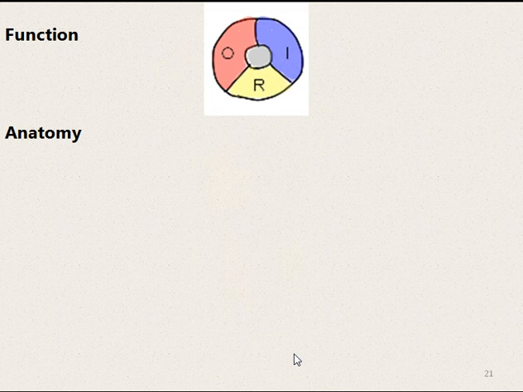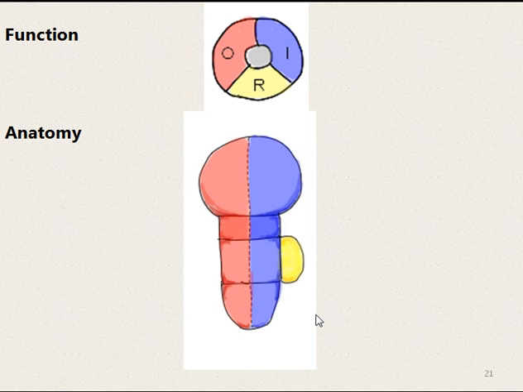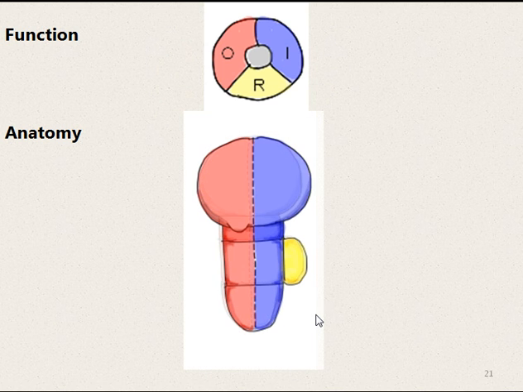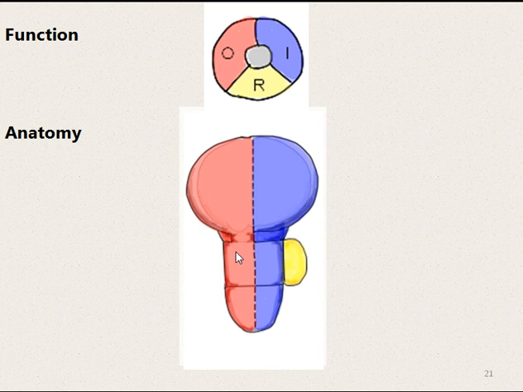Next, telencephalon grew up largely, especially the red part of telencephalon grew toward the brainstem. And it connected with the brainstem.